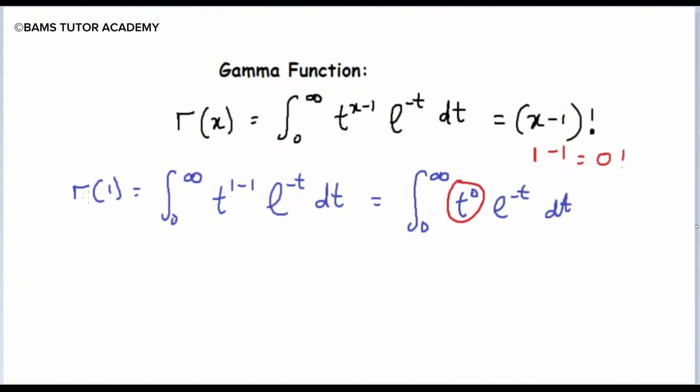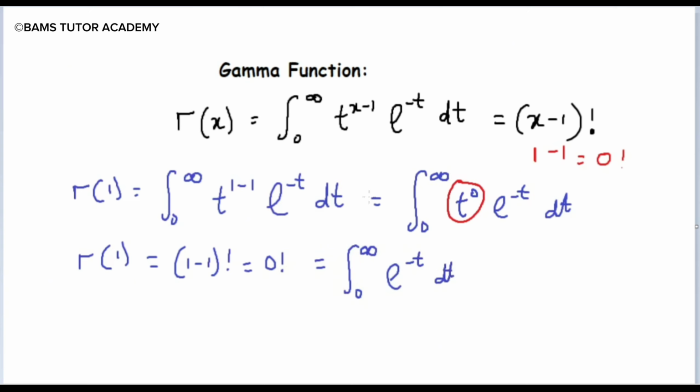So I would have the gamma of 1, which of course is the same thing as 1 minus 1 factorial, which is 0 factorial, equal to the integral from 0 to infinity of e raised to the power minus t. So we are close to our answer.